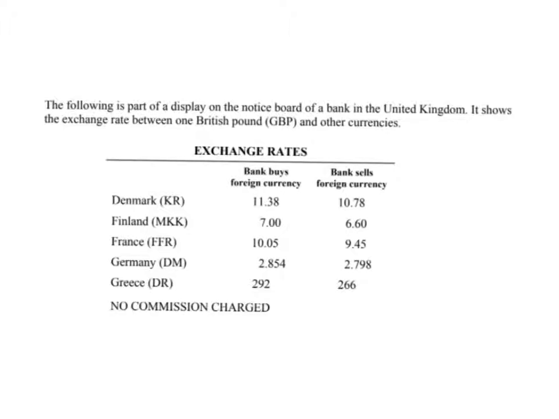And in our table, as you can see, we have the facts that the bank is buying the foreign currency and the bank is selling the foreign currency. And you know here, based on the question, that they're in the United Kingdom where the local currency is the GBP. So in this question, these are the things being bought and sold.